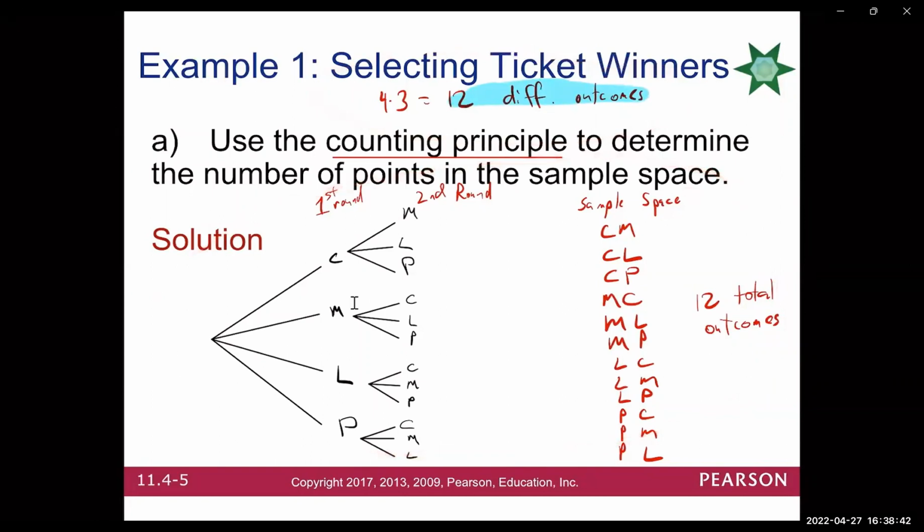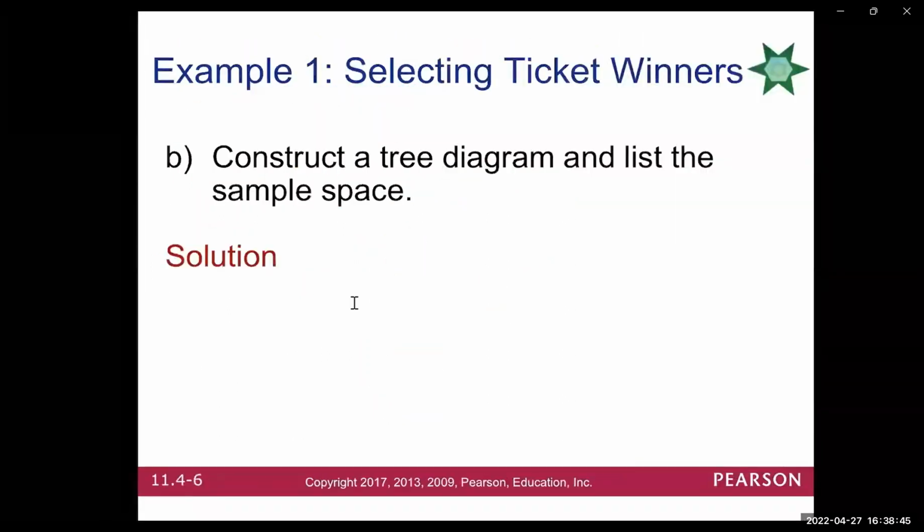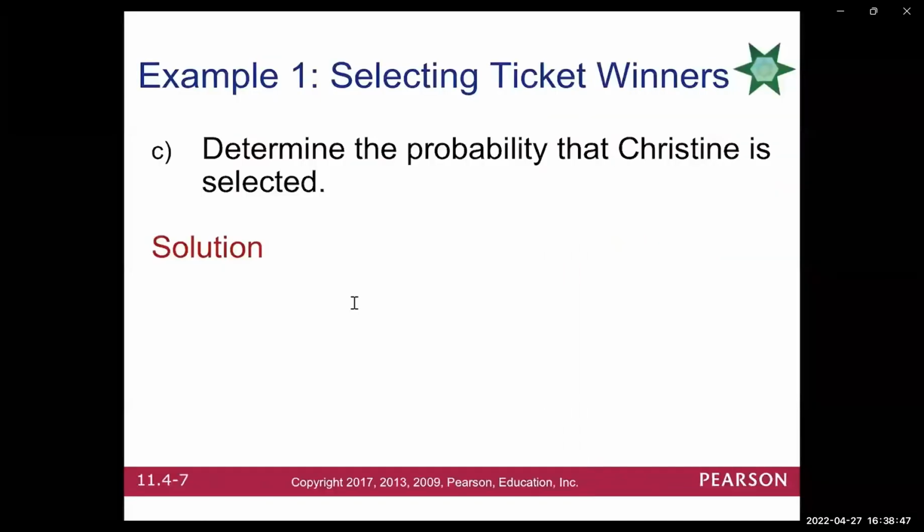All right. So now let's see what the next question is. Determine the probability that Christine is selected. Remember probability, you always want to put the total number of outcomes in the denominator, and the numerator would be the number of ways that Christine can be selected.